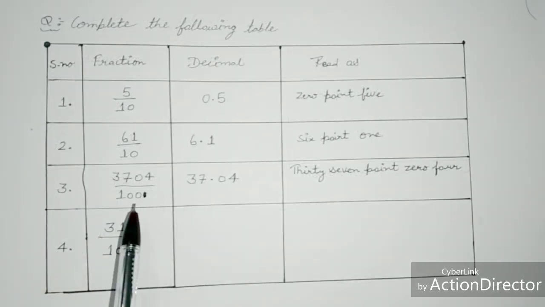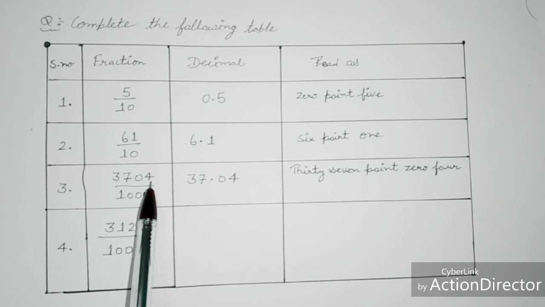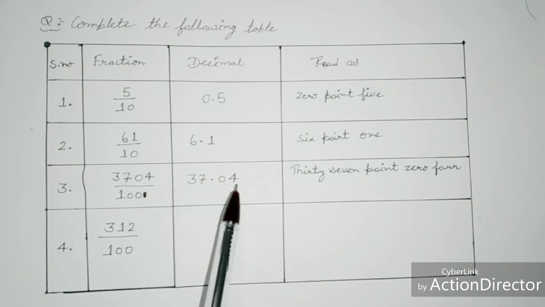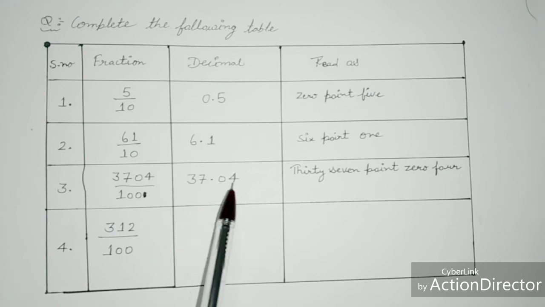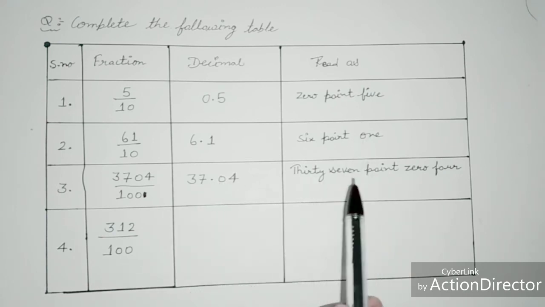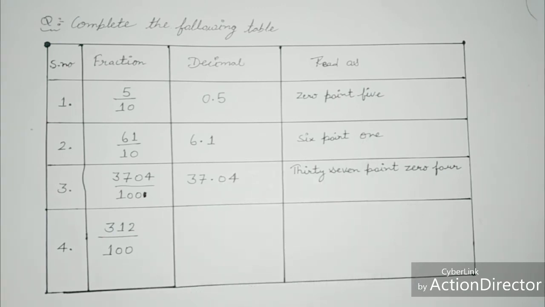We also check our answer, because in the denominator after 1 there are only two zeros, so we put the decimal point before two digits, counting from the last in the unit place, so we write this number as 37.04 and read it as thirty-seven point zero four.